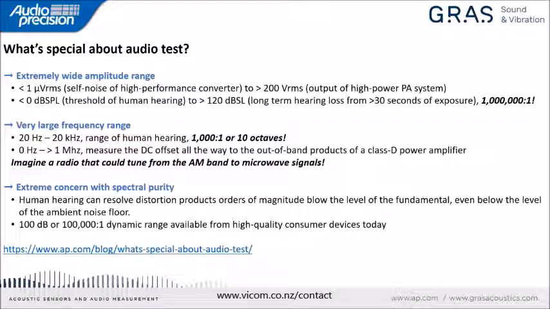So often we're talking about a frequency range that goes from 0 hertz to well over a megahertz. As a practical matter, imagine a radio that could tune from AM into the microwave region. Again, this makes the equipment used for audio measurement somewhat unique compared to other pieces of common test equipment.